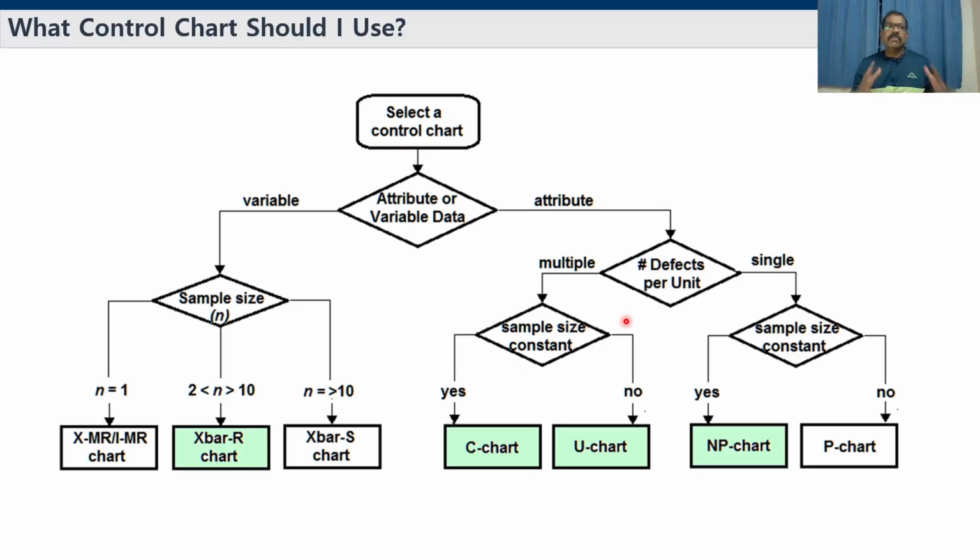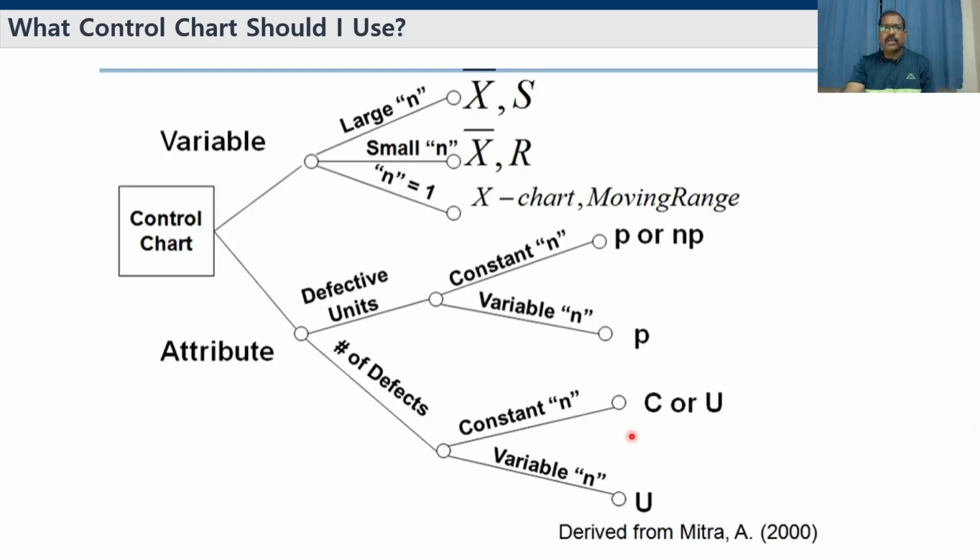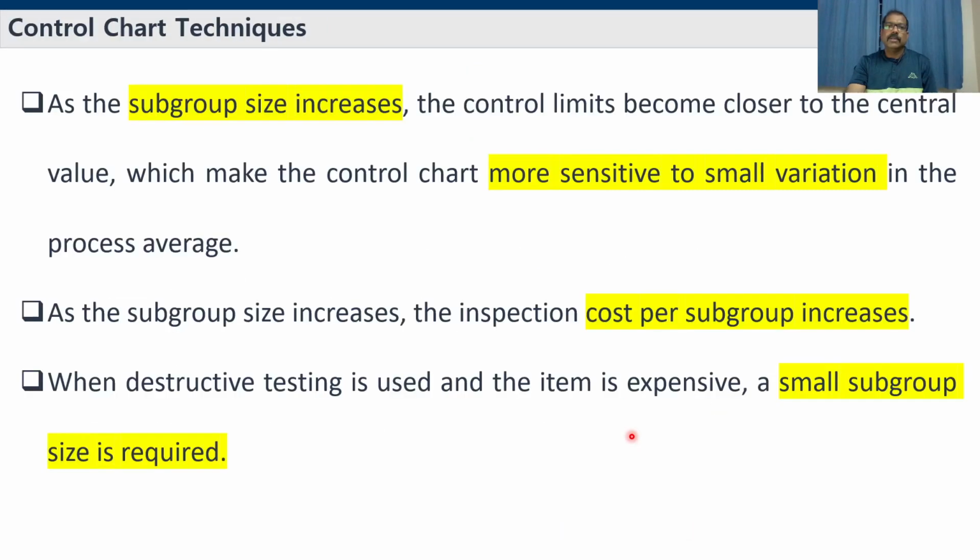If samples are constant, go with the c chart. If samples are variable, go with the u chart. If you are familiar with this diagram, mostly we can decide which chart we are going to use for our purpose.